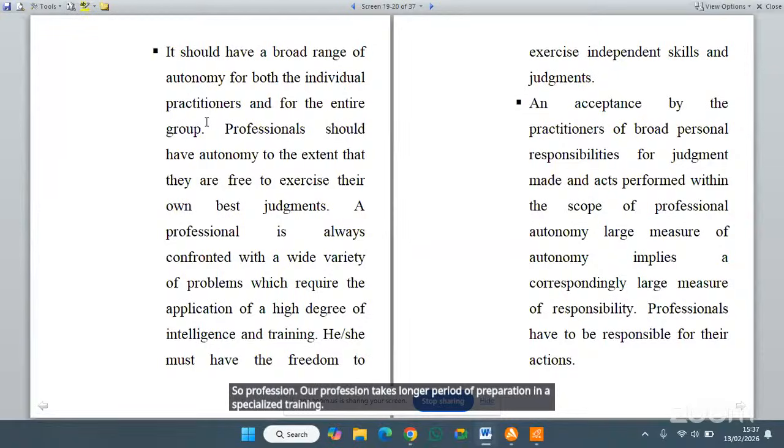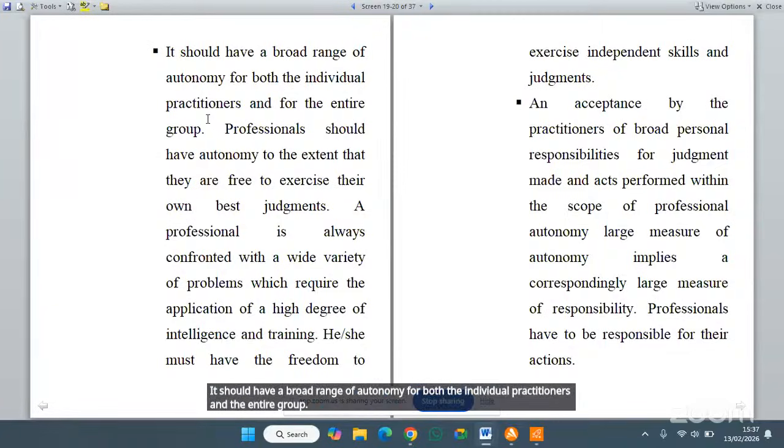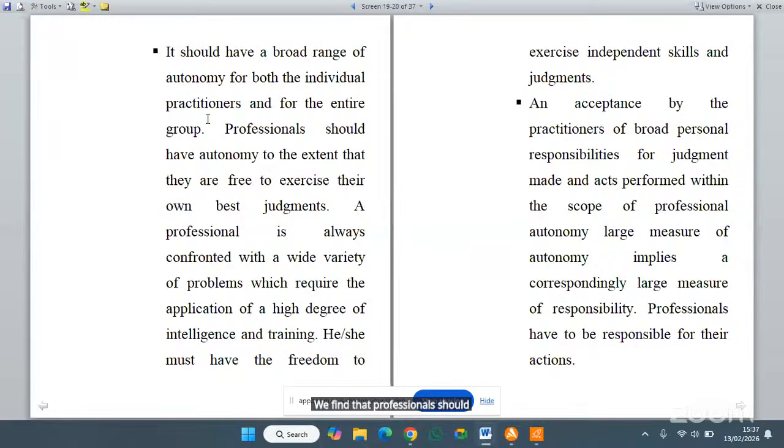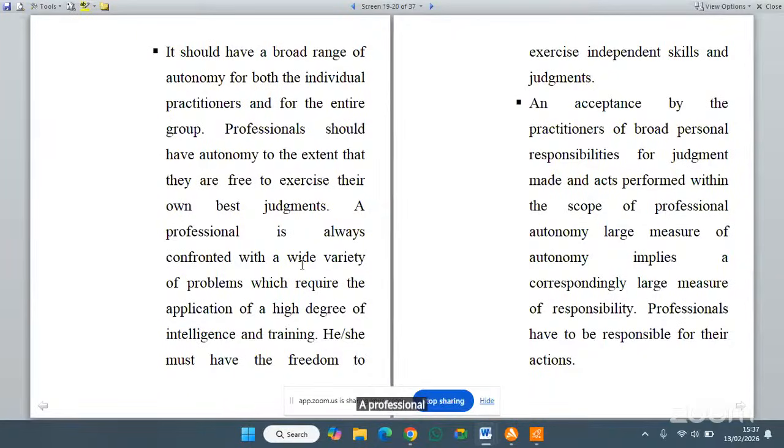It should have a broad range of autonomy for both the individual practitioners and the entire group. We find that professionals should have autonomy to the extent that they are free to exercise their own best judgments. A professional is always confronted with a wide variety of problems which require application of a high degree of intelligence and training.